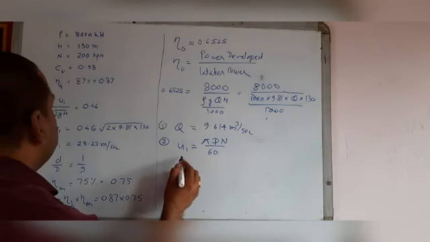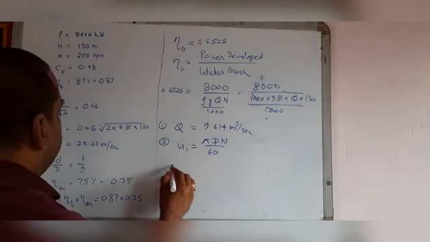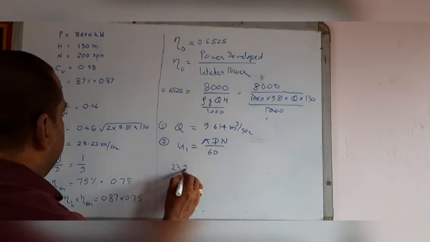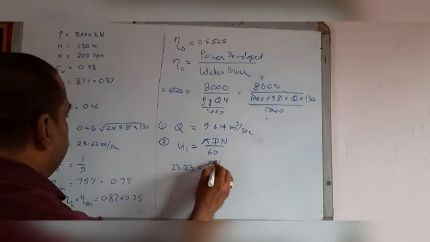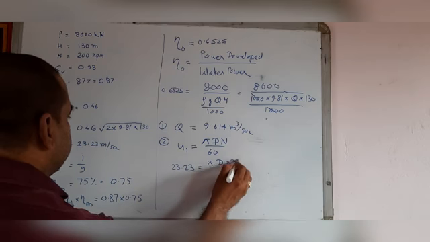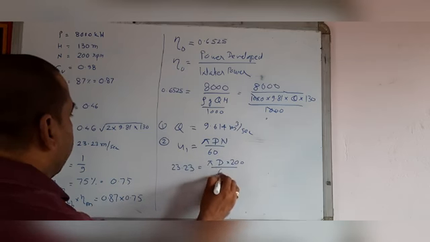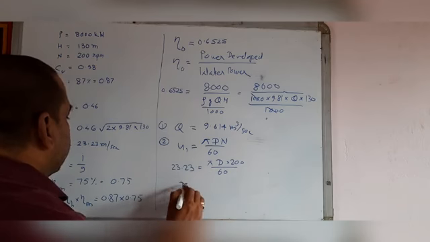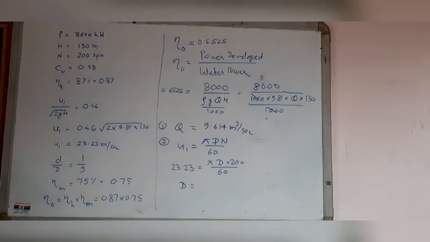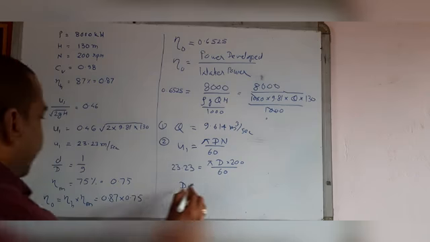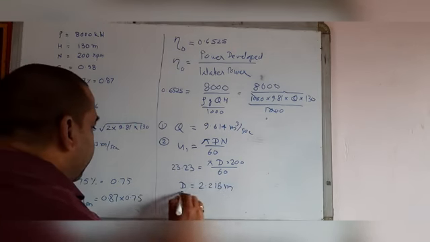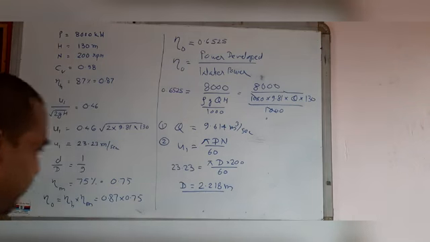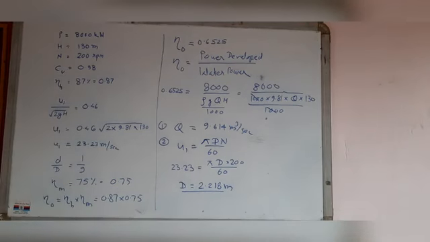So U1 we have calculated 23.23 equal to pi D into 200 by 60. So here the value of diameter comes 2.218 meter.